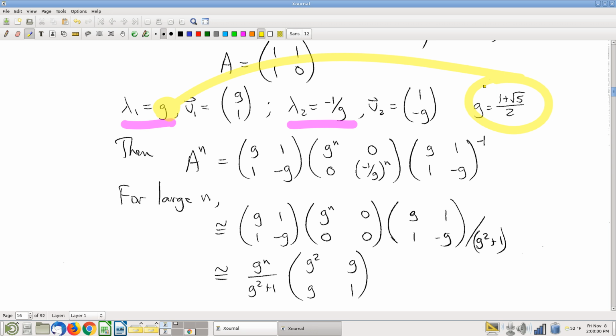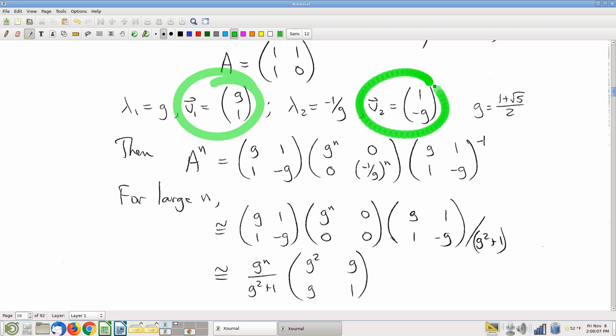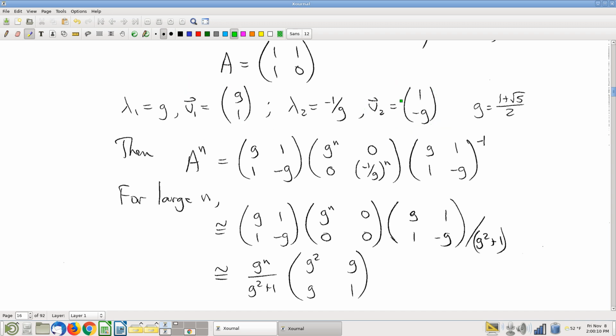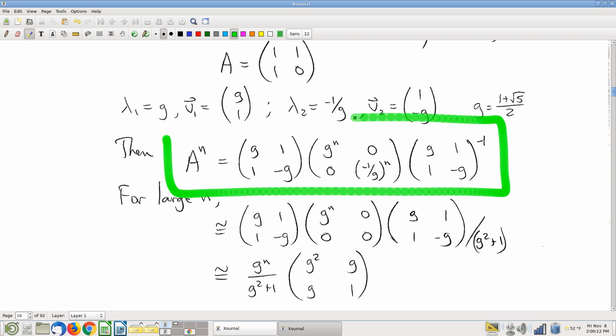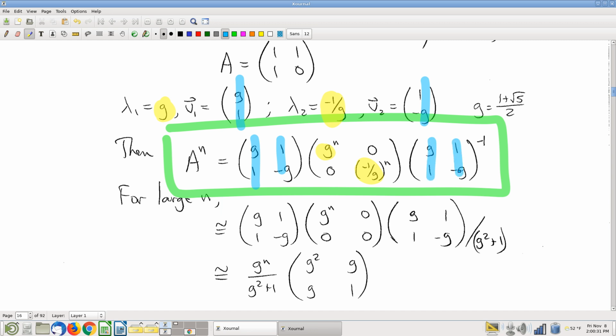Weird, but anyway. So those are the eigenvalues. Here are the eigenvectors corresponding to those eigenvalues. As such, here's the diagonalization. Notice the eigenvalues, g and negative 1 over g, appearing in that diagonalization. Note the eigenvectors appearing there, there, and there. Straight up diagonalization.